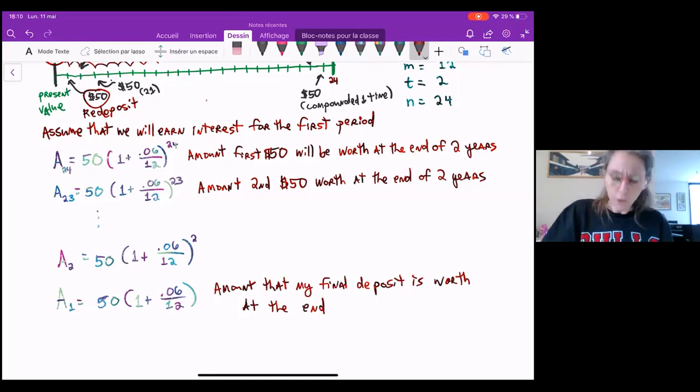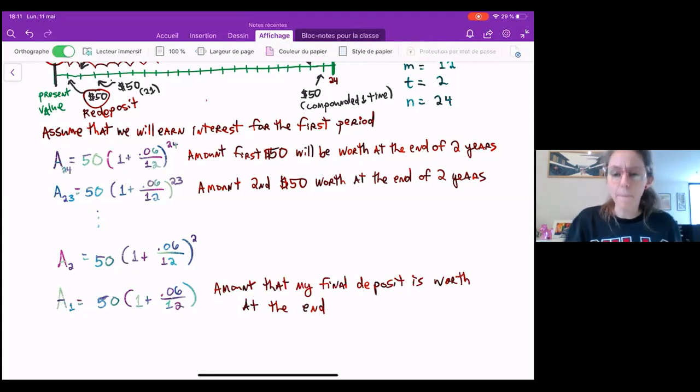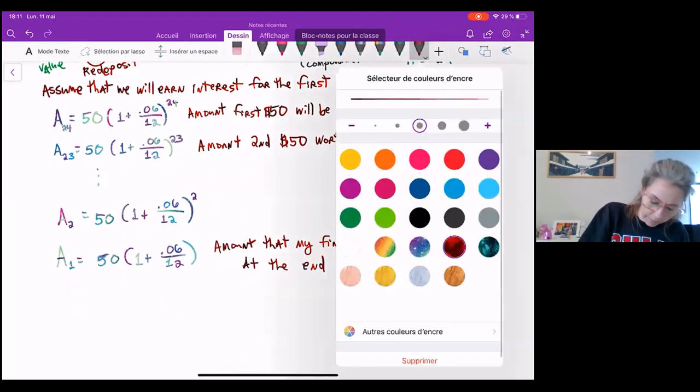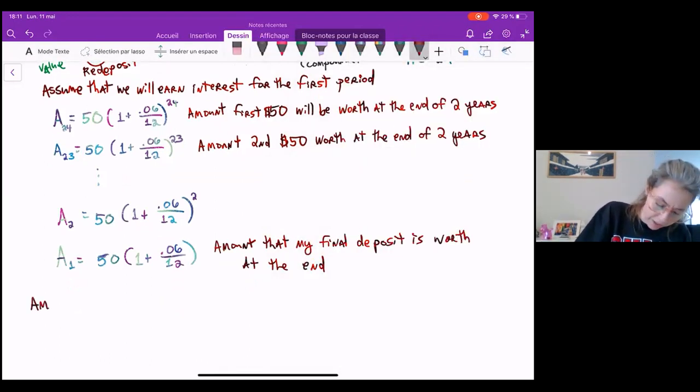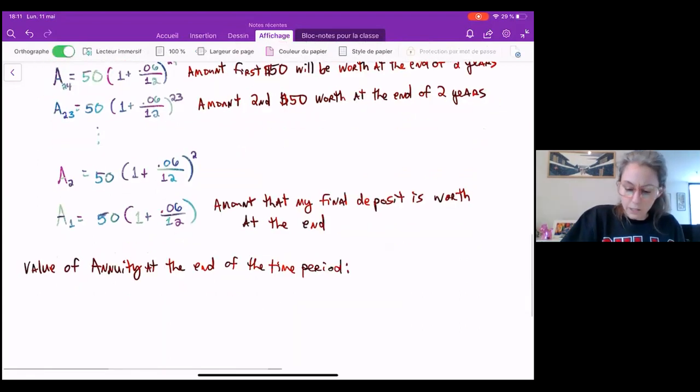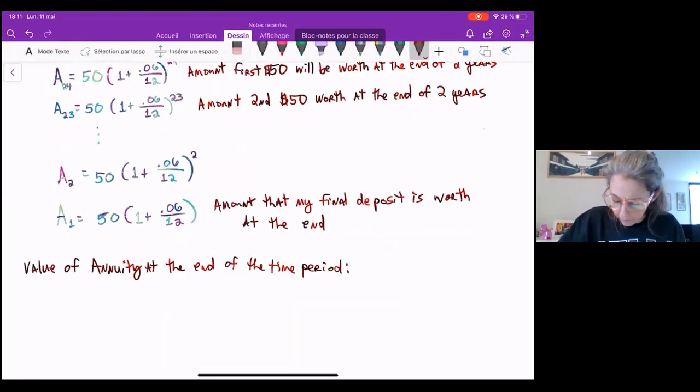So what I'm actually doing, the amount of my annuity is actually going to be the sum of these things. So the value of the annuity at the end of the time period is going to be, we're going to call it A.